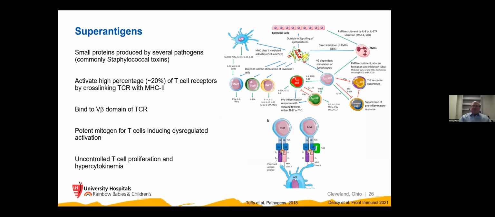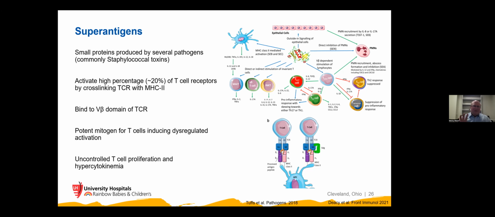The superantigen theory is something that I'll just touch on really quickly, but there are molecules that are secreted by various pathogens, but mainly Staph aureus and other staphylococcal bacteria, that don't bind to the T cell receptor specifically, but bind around the T cell receptor and can therefore activate T cells that are not specific to the antigen from Staph aureus, and it could activate up to 20% of your T cells.